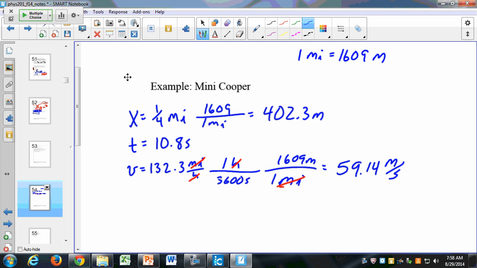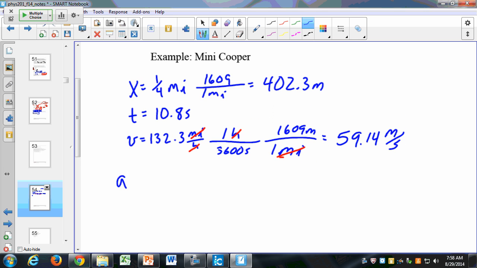Okay, so actually, I just want to know what is his acceleration. So I want you to take a minute and find what is his acceleration. And when you get a number, please let me know what it is. I'm just going to write the equations up here. These are the ones we just derived.